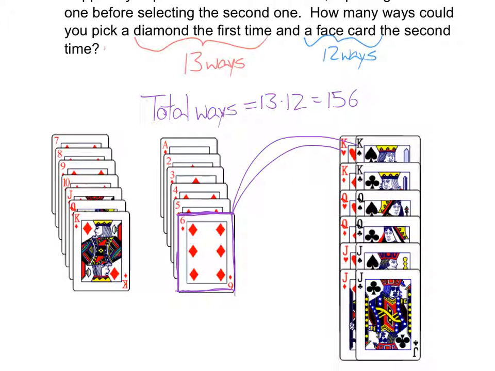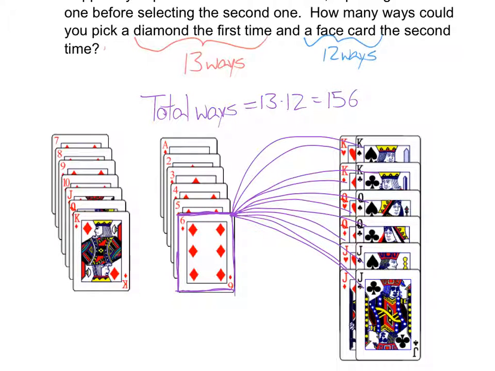Or I could draw the King of Spades. There's 2 ways. Or I could draw the King of Diamonds or the King of Clubs. There's 4 ways. Or the Queen of Hearts, or the Queen of Spades, or the Queen of Diamonds, or the Queen of Clubs, or the Jack of Hearts, or the Jack of Spades, or the Jack of Clubs, or the Jack of Diamonds. So you'll notice here, just from drawing that 6 of diamonds first, I have 12 different possibilities.